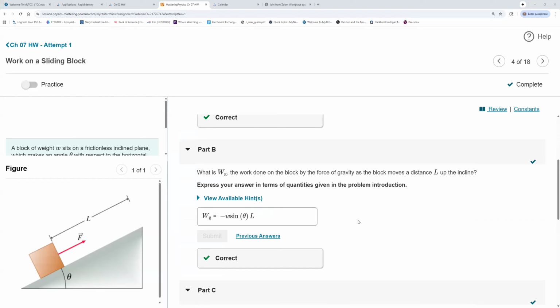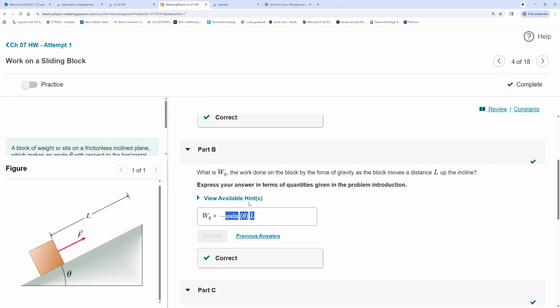So right here, what I'm having trouble with is, I thought when I drew my free body diagram that the work of gravity on the block would be mass times gravity over, sorry, no. I tried to set up the work in the x direction for gravity, and I thought that since the work in the x direction for gravity would be the hypotenuse, I wouldn't get negative W sine theta.